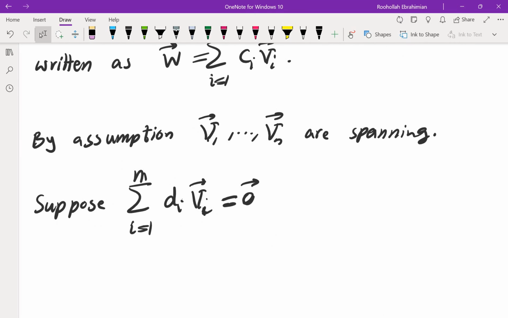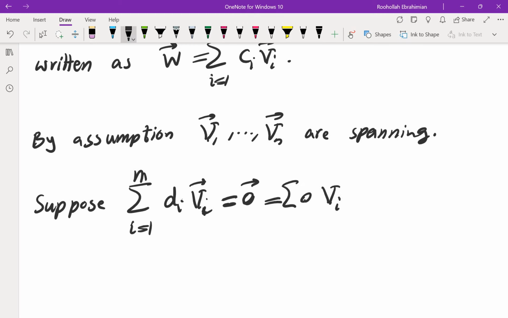So one thing you notice is that 0 can be written as the sum of 0 times vi, because 0 times every vector is just 0. But by uniqueness, these two linear combinations must be the same thing.